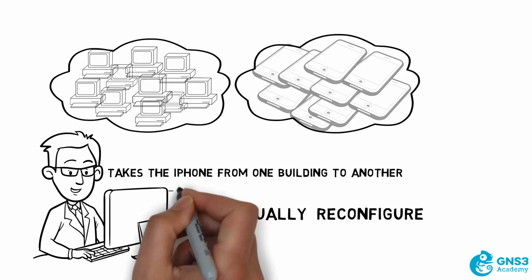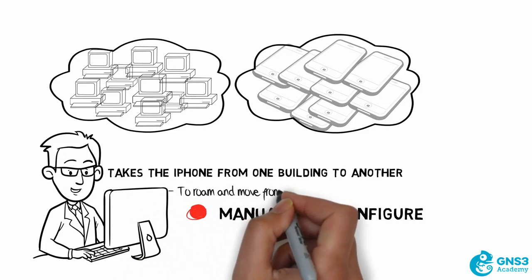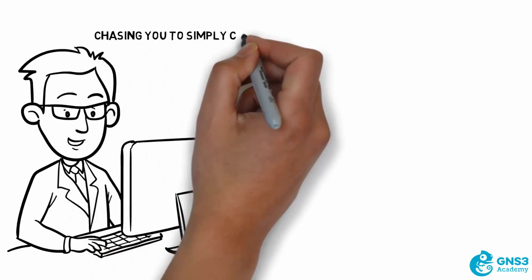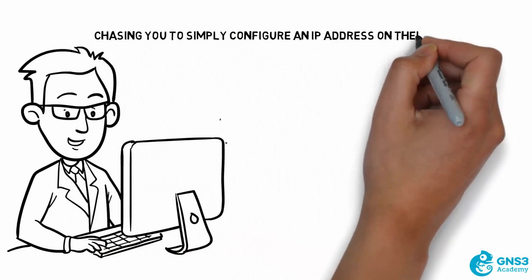You want to allow users to roam and move from building to building, and when they connect to a new wireless network, to dynamically and automatically be allocated a new IP address. The last thing you want is users chasing you to simply configure an IP address on their device.